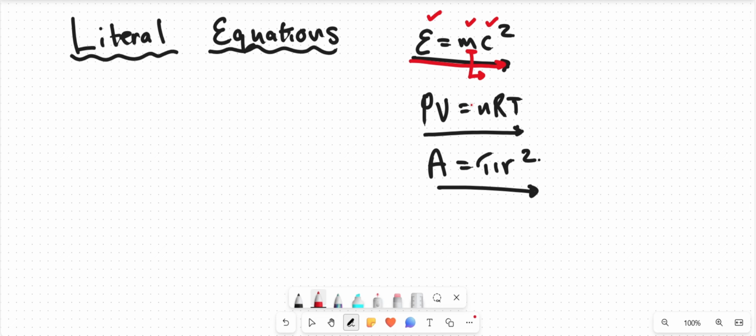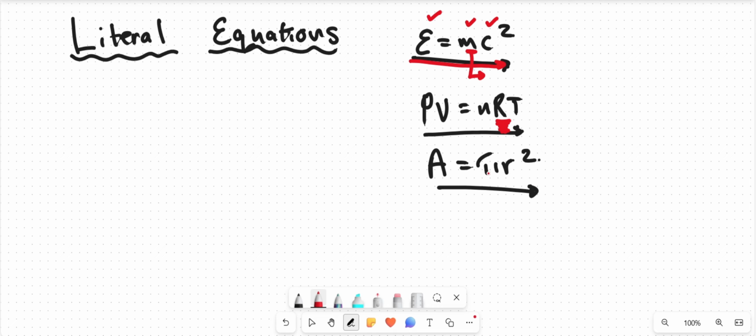It's taking a formula, manipulating that formula, and getting it to look the way you're trying to make it look, where whatever variable you're trying to solve for is the one on the left-hand side. So for example, this PV equals nRT formula, I could get it to have R as the subject of the formula, where it reads R is equal to the rest of the equation.